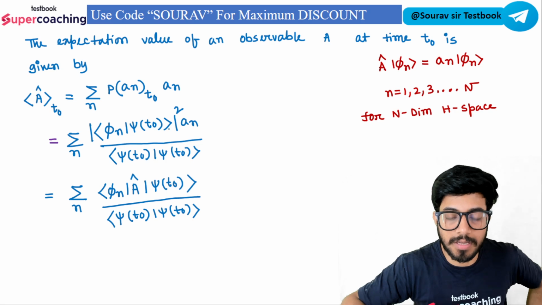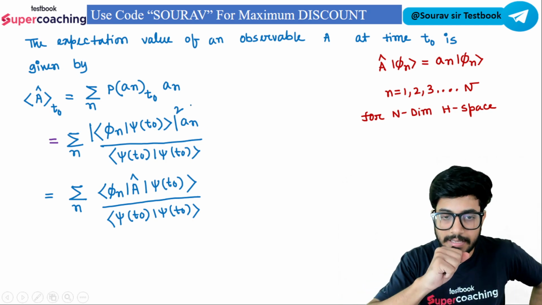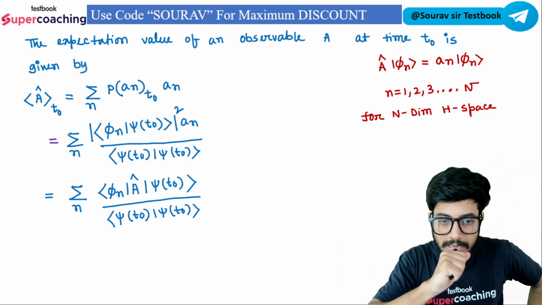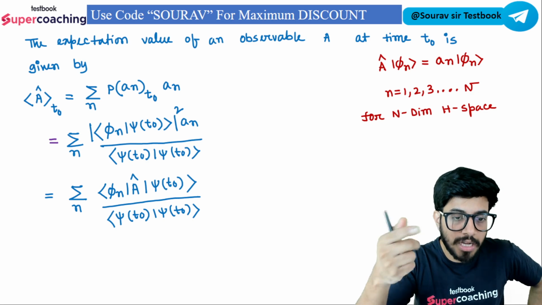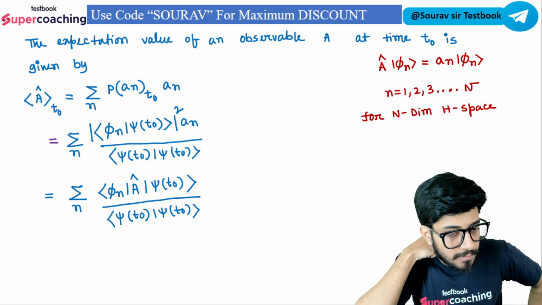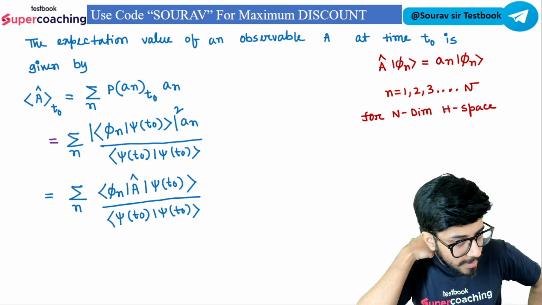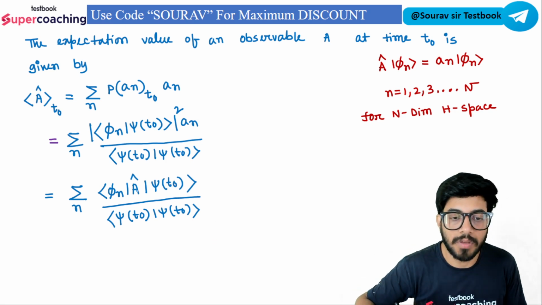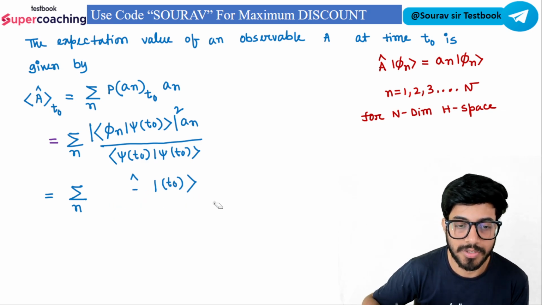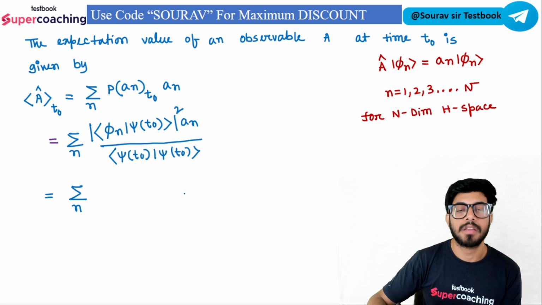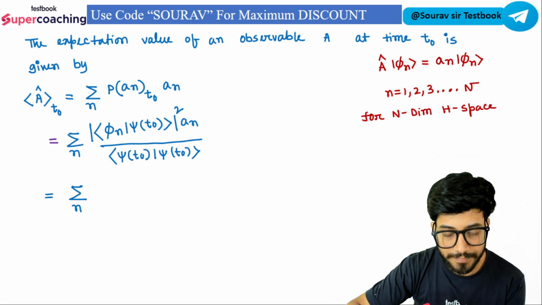There is an an here, and this an should come from the operator. A cap operates on phi n and gives me an phi n.